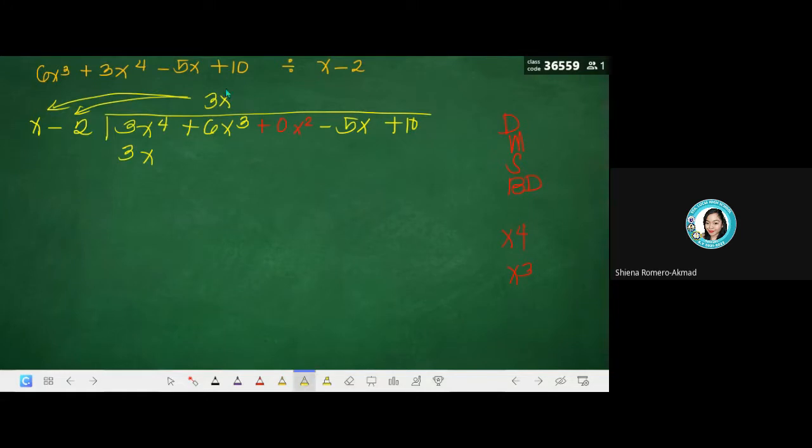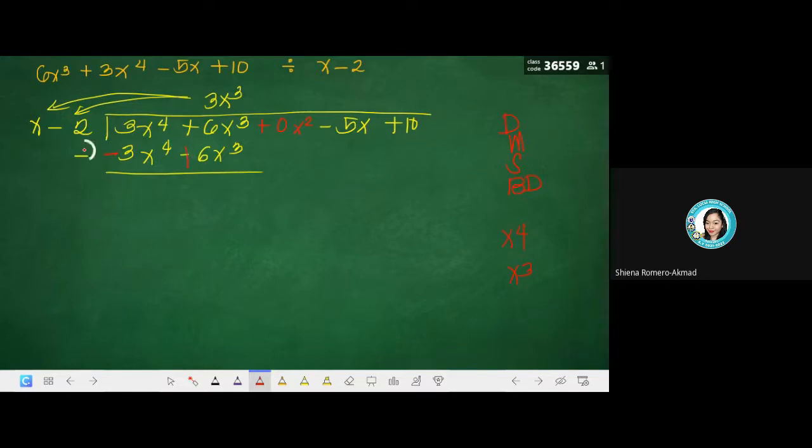Sorry. Dapat cube. 3x raised to 4. Tapos, i-multiply natin siya sa 2. 3 times negative 2 is negative 6x cubed. Then, you have subtraction. Dahil dyan, magbabago yung sign. So, from positive, magiging negative. From negative, magiging positive.